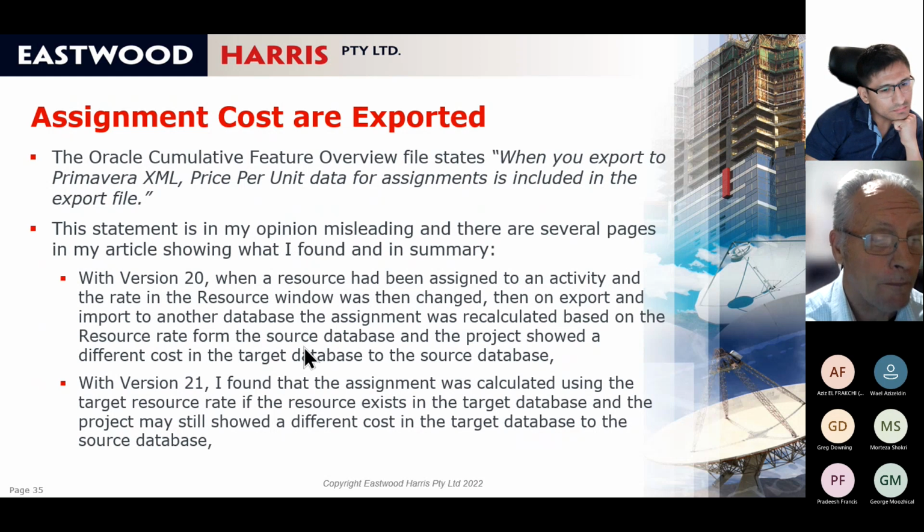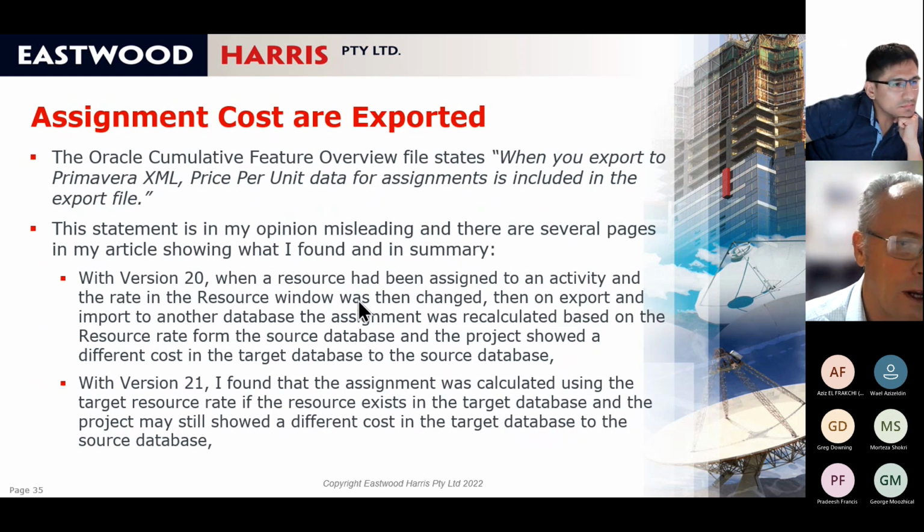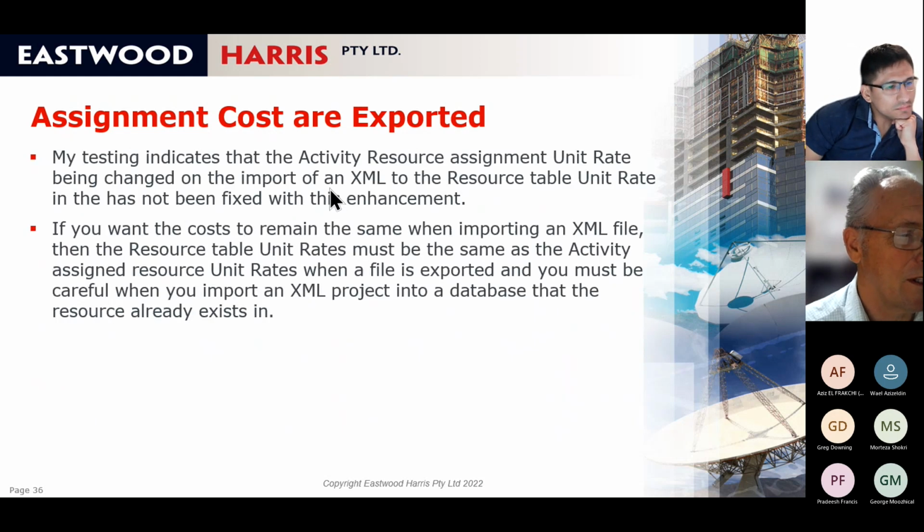I've done a lot of testing and a lot of playing around, and basically what I'm suggesting is that if you are exchanging data with a customer and you're changing the resource rate from one project to another, I would export your files as XER files and not XML. That's my recommendation.